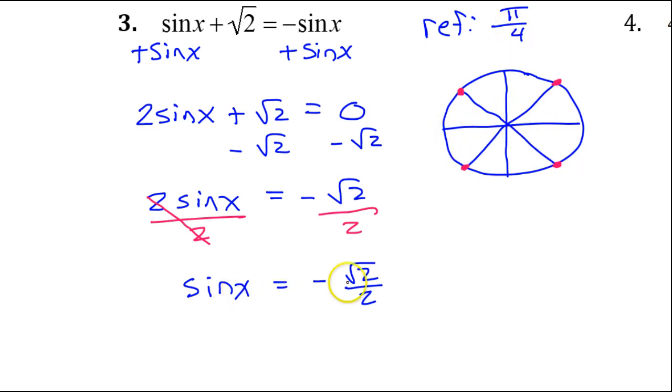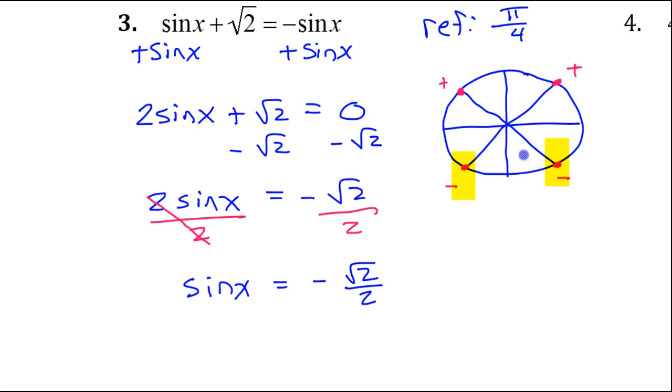Every one of these will have a sine of either radical 2 over 2 or negative radical 2 over 2. Because sine is a y value, these 2 will be positive up above the x-axis, and these 2 will be the negative radical 2 over 2. In this case, we want the negative radical 2 over 2, so the solutions are going to be these 2 angles here.